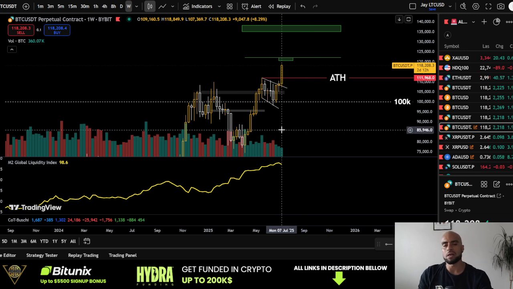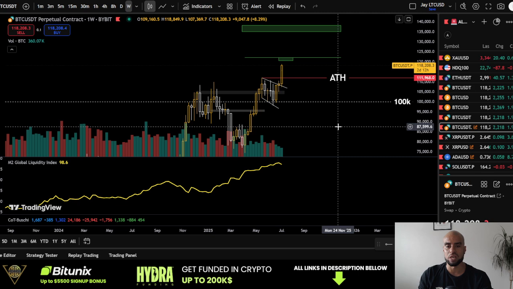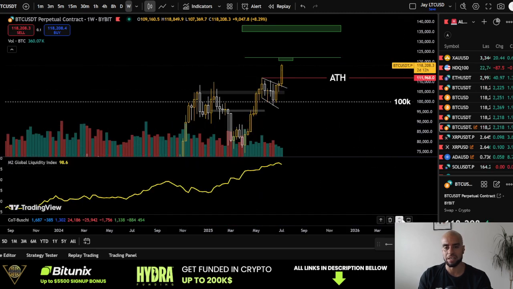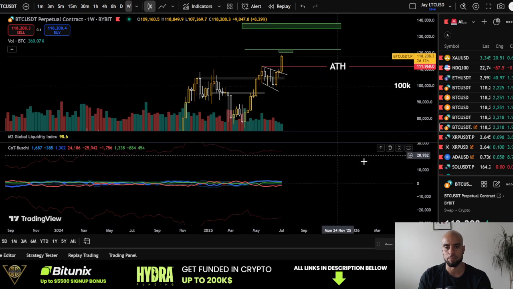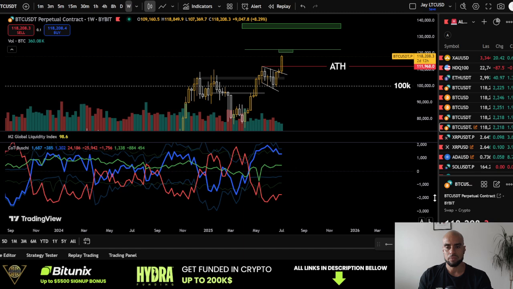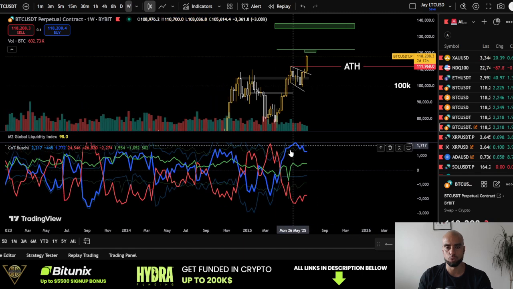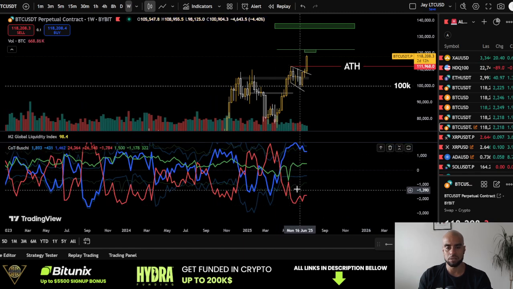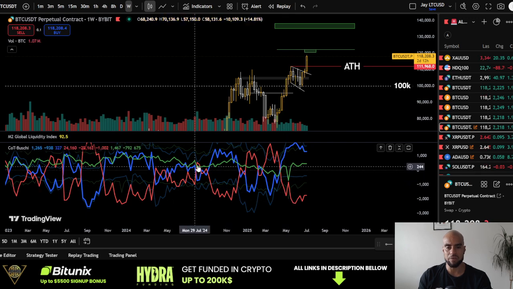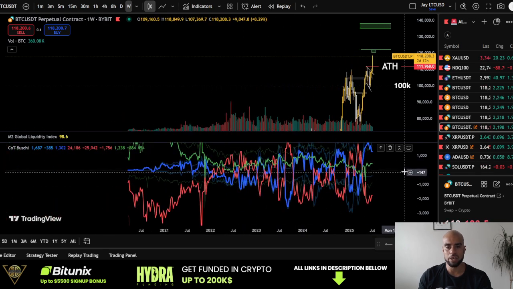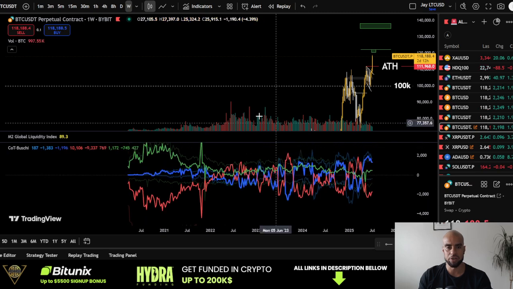But for altcoin season to really take off, we need to see retail take off. And that is when we start to look at this second chart that you guys saw quickly here. Boom, there it is. This here shows institutions in blue, whales in red, and then we have retail. Now look at retail compared to last bull run.